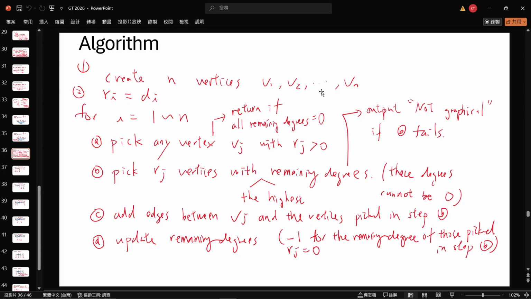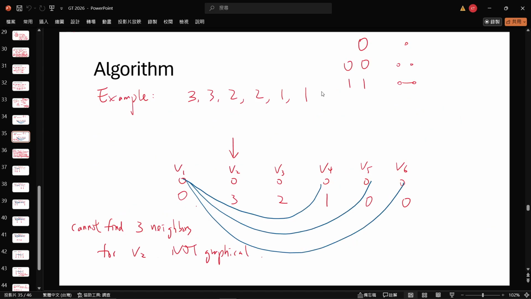The most critical step for this algorithm is how we create the edges, or how we pick the endpoints for these Rj edges. It turns out that we have to pick the endpoints with the highest remaining degrees. Last time we also considered a failed algorithm.